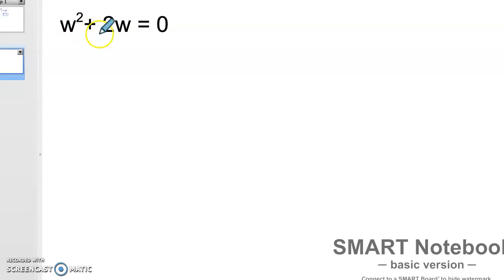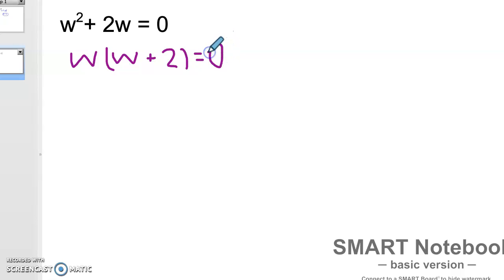However, I can factor out a w because they both at least have one w. So I would rewrite that as w, and then divide out w squared divided by w is just 1w left over, plus 2w divided by w is just 2, and still equals 0.